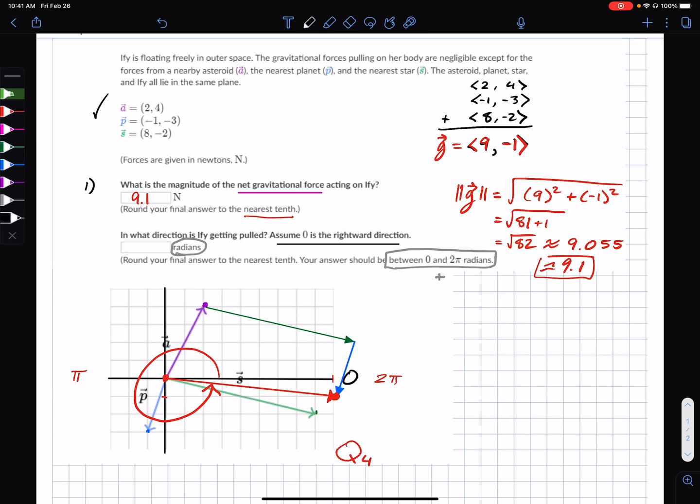So we're going to set up and find our direction angle the same way we always have, with theta equals tan inverse of the component form y value divided by x value. So here that turns into tan inverse of -1 over 9.